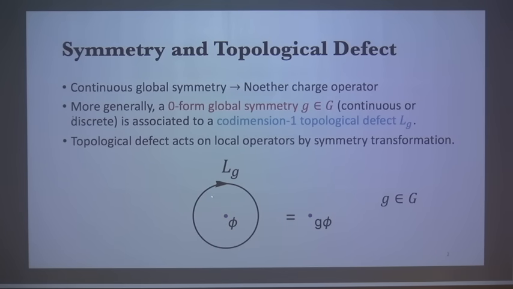Once we encircle the local operator by this defect, we can shrink the defect to be smaller and smaller. In that process, all the correlation functions will remain invariant because it's topological. So at the end of the day, we produce another local operator on the right-hand side, which is related to the previous one by a symmetry transformation.